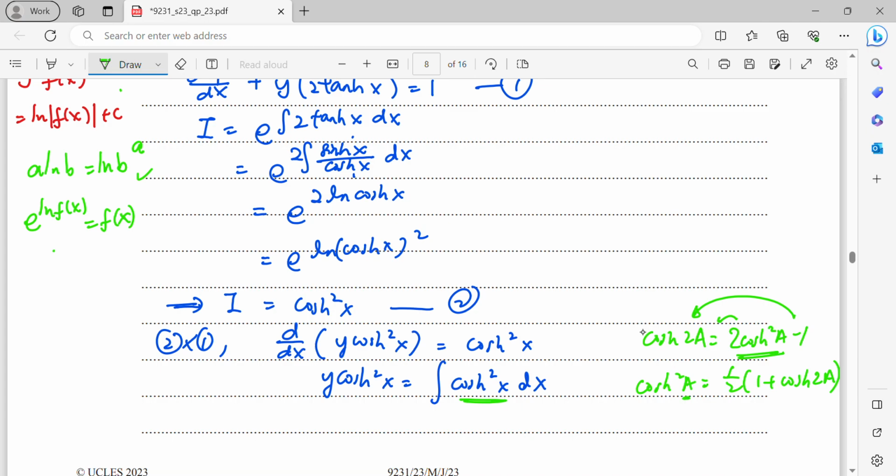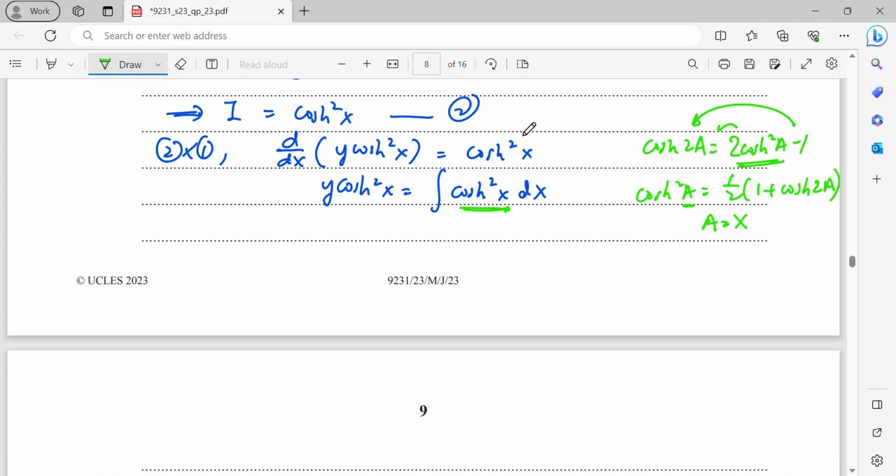Now when you compare, the A is x. So here I write my y cosh squared x will be half of the integral of 1 plus cosh 2x dx.